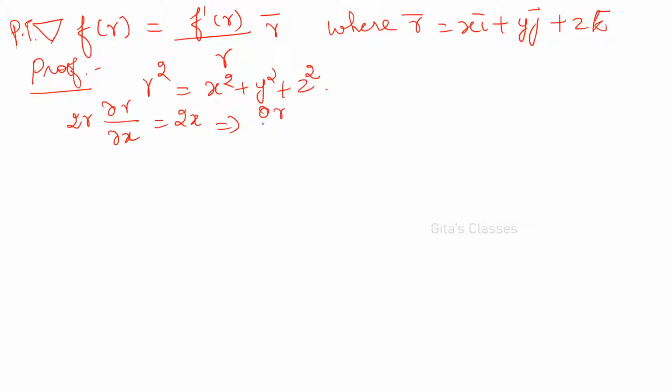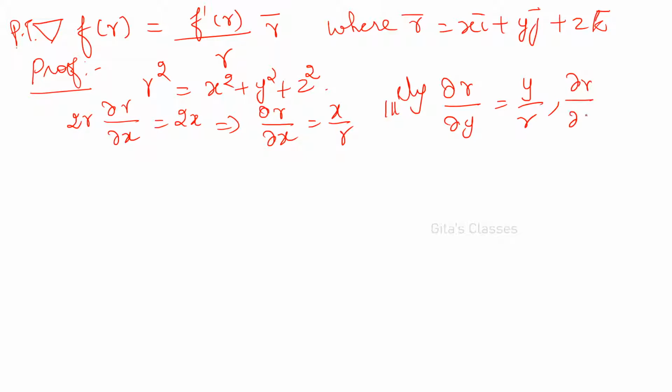That implies dou r by dou x is equal to x by r. Similarly, dou r by dou y is equal to y by r. These things are useful for many questions like this. Dou r by dou z is equal to z by r.